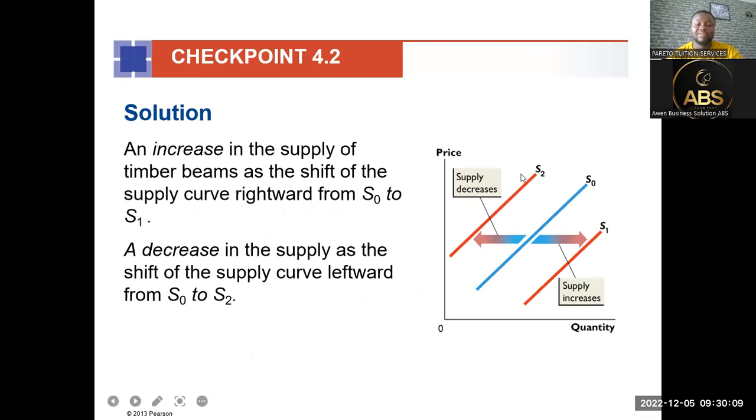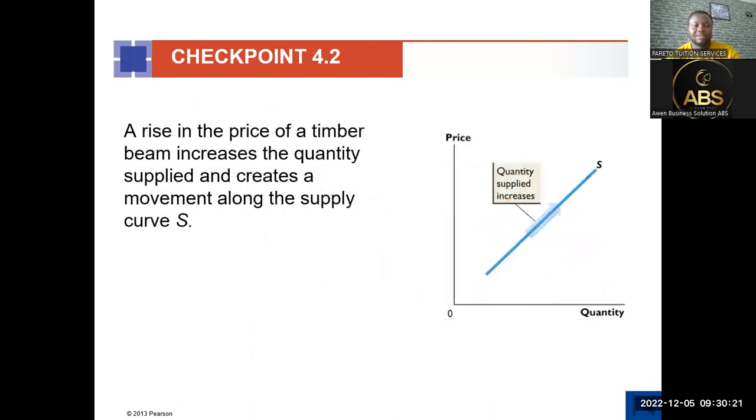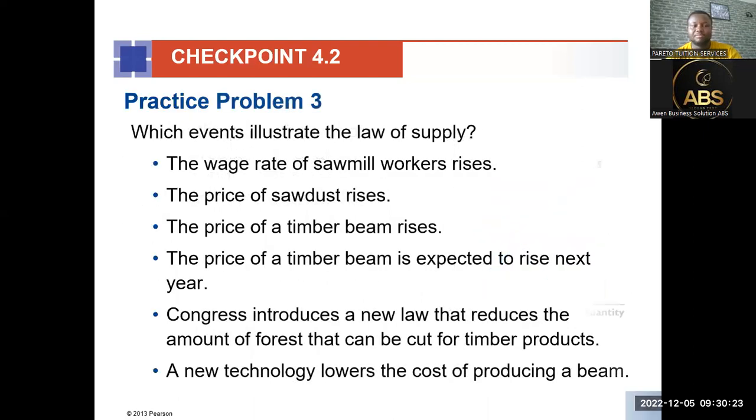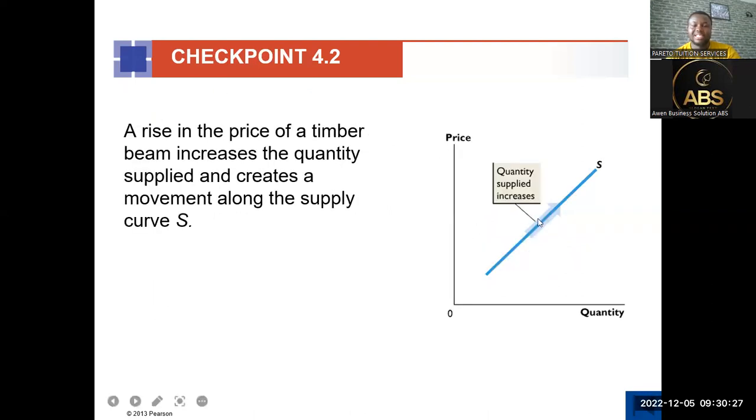Depending on the event, if it's a decrease in supply, we move from S0 to S2. If it's an increase in supply, we move from S0 to S1. Is that okay? Yes. But then for the increase in the price of a timber beam, the supply curve is the same, but then we move upwards.